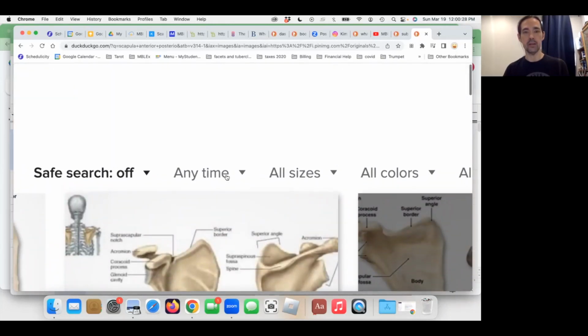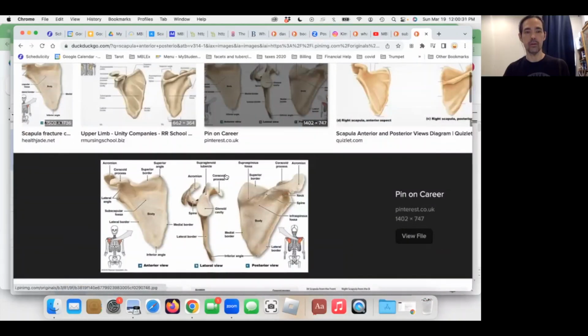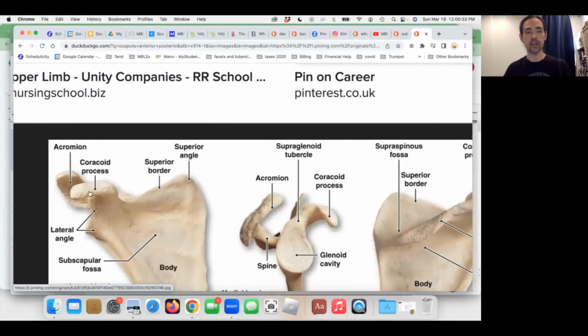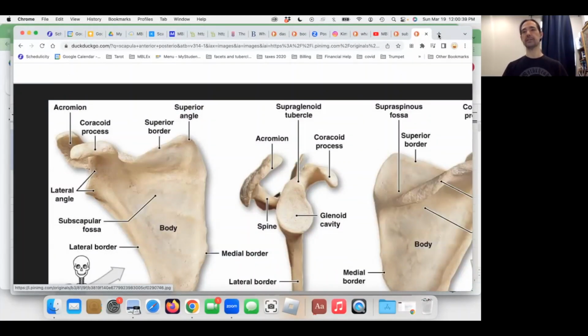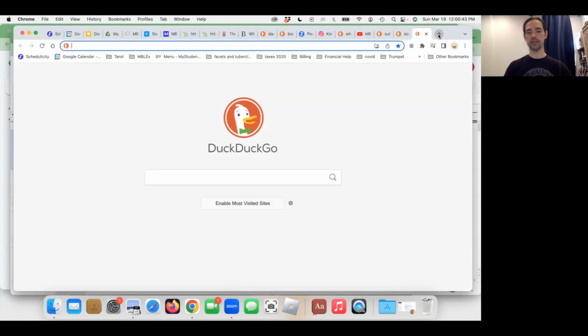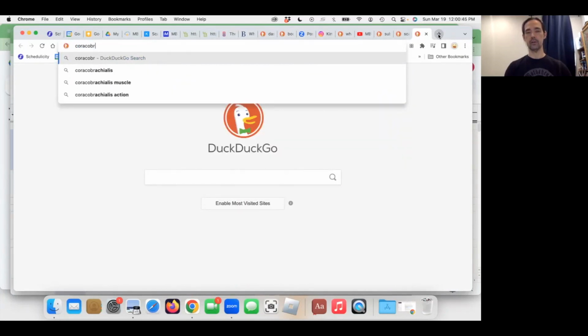From the coracoid process, there's a muscle that attaches, called the coracobrachialis.